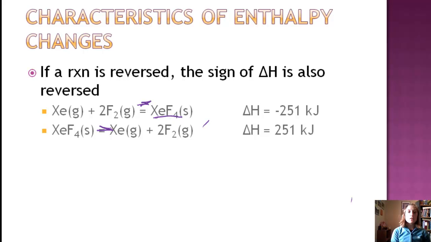Now we've switched the direction, and our products are now our reactants. The delta H was negative for the first one, so this was an exothermic reaction. Now that we've reversed it, this is positive, making it endothermic. So when you are manipulating equations, and we'll do this in an example, make sure that if you flip the equation, you change the sign.